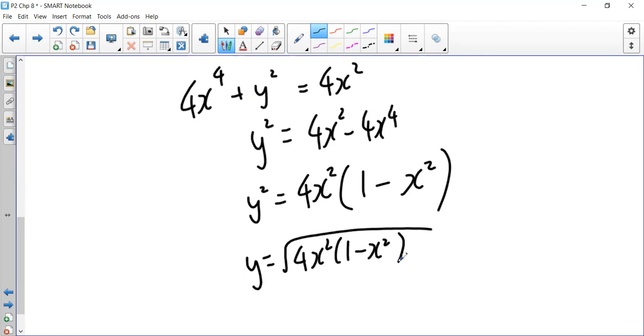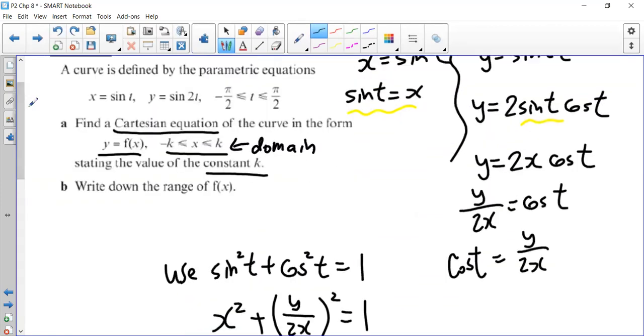Now there's a plus and minus, you'll be thinking, because when I square root, there's a plus and minus. But we don't have to use the minus here, because t is between minus pi over 2 and pi over 2. When t is between minus pi over 2 and pi over 2, sine is always positive.